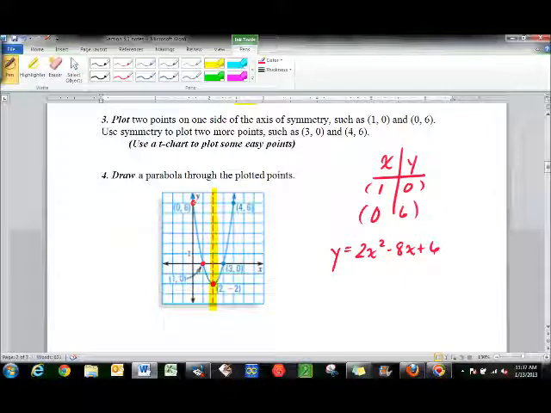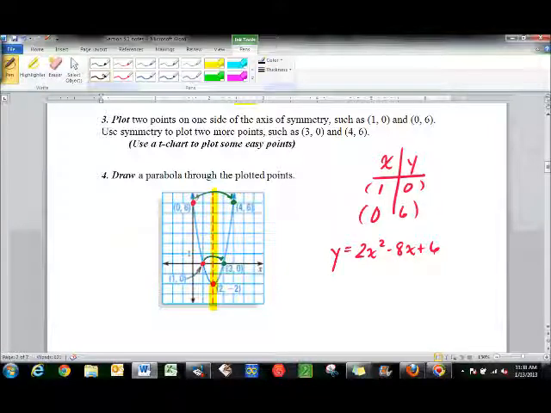Now, we have the vertex, we have 2 points on one side of the axis of symmetry, so simply now we just need to plot the points on the other side of the axis of symmetry, and now we have all the points necessary to graph the parabola.